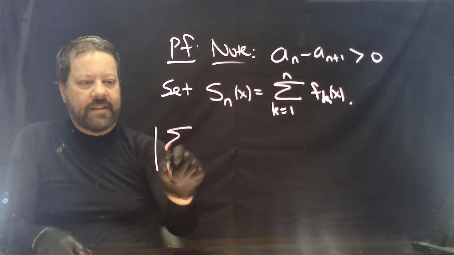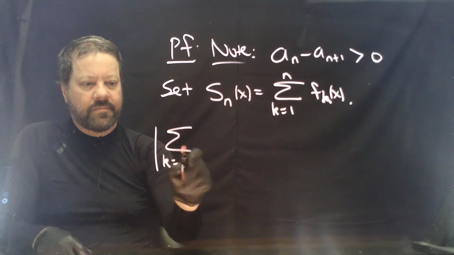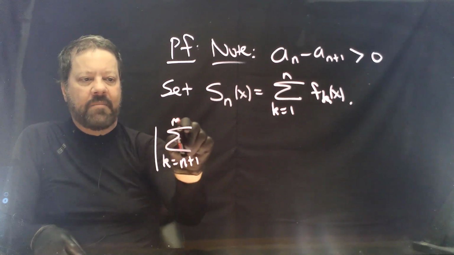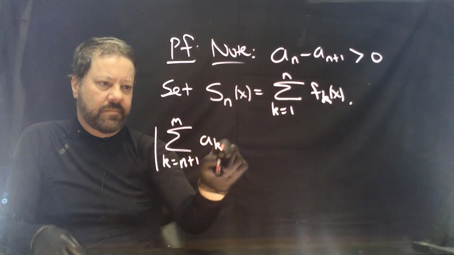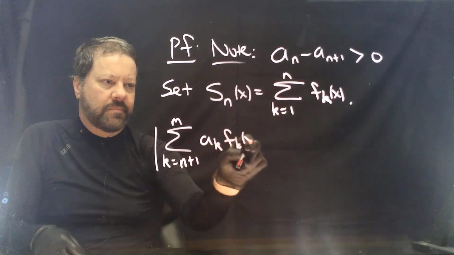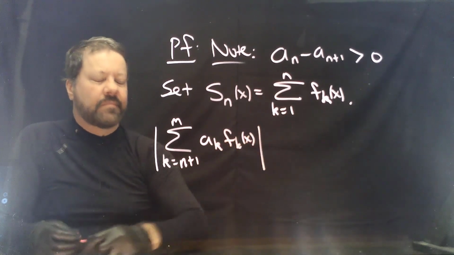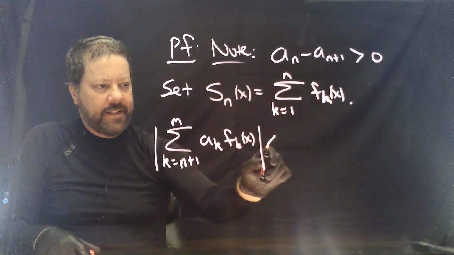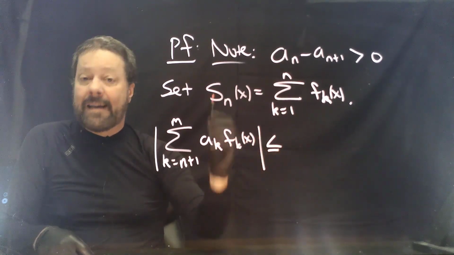We'll now look at the sum from n plus 1 to m, and at this point we apply Abel's lemma.